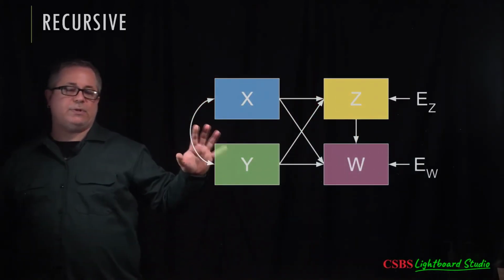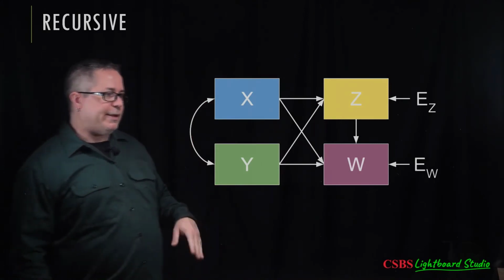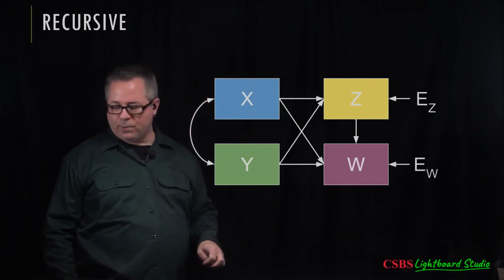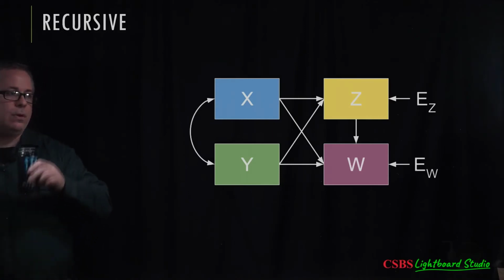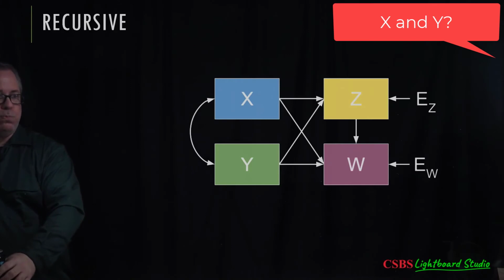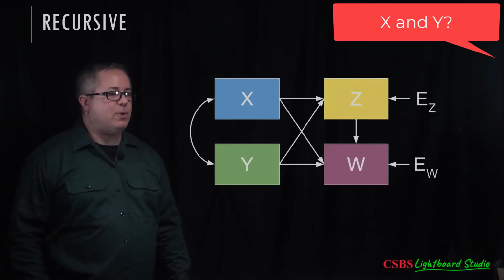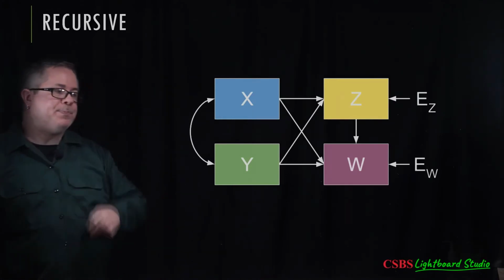So let's think about these. What kind of variables do we have in this model? Which variables are exogenous? X, and Y. Yeah, X and Y. Kevin, that's good.